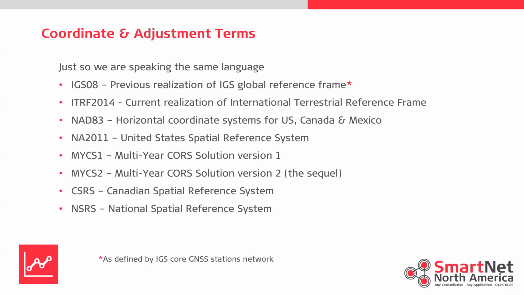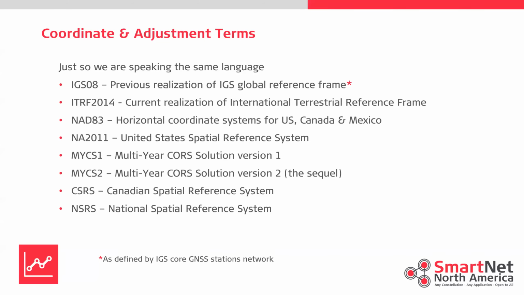So 2011 is the datum tag. That's when the data was used to produce this realization by NGS. It took them about 10 to 12 months to actually process that data, get it out, and then release the coordinates in late 2012. Very confusing, I know, but you'll hear me say MYCS1 most of the time going forward.